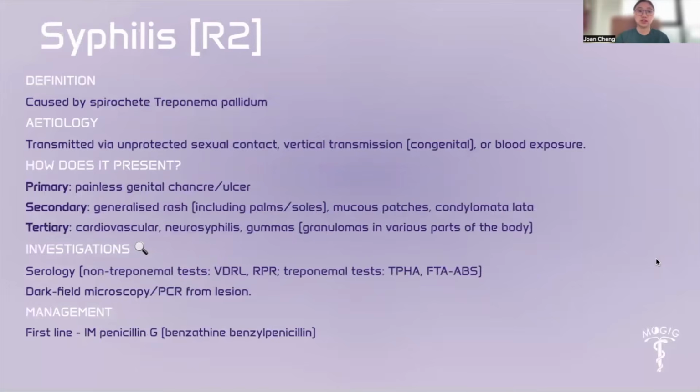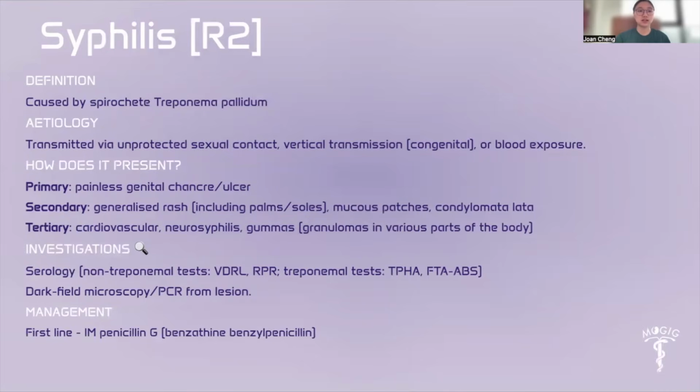Syphilis is caused by a spirochete called Treponema pallidum, and that's transmitted by unprotected sexual contact, vertical transmission during birth, or blood exposure. So most of these sexually transmissible diseases, STIs, are transmitted via unprotected sexual contact, vertical transmission, or blood exposure.